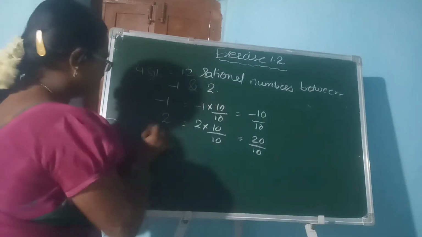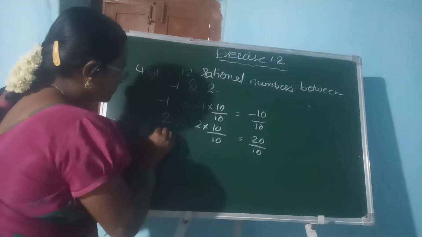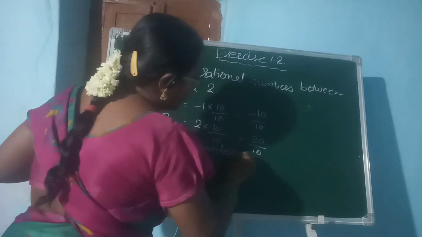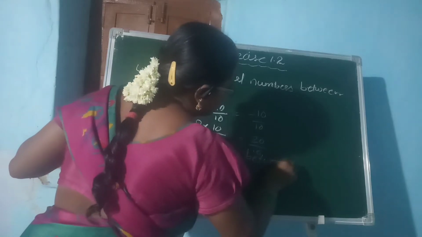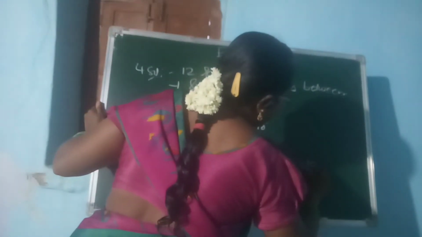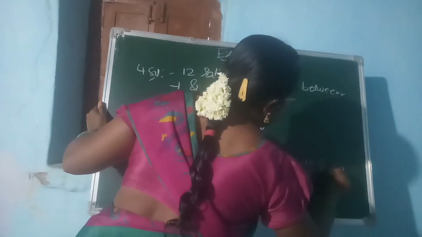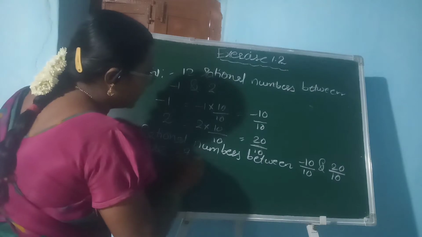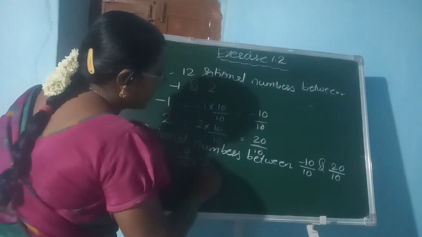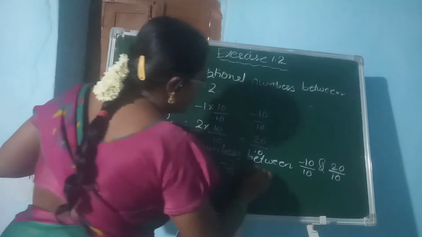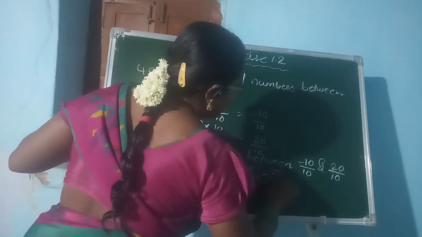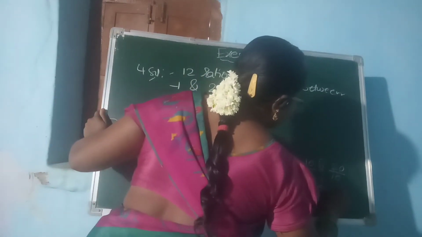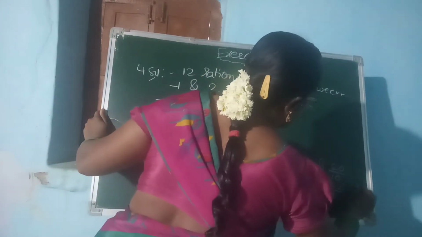The rational numbers between minus 10 by 10 and 20 by 10 are minus 9 by 10, minus 8 by 10, minus 7 by 10, minus 6 by 10, minus 5 by 10, minus 4 by 10, minus 3 by 10, minus 2 by 10, minus 1 by 10.